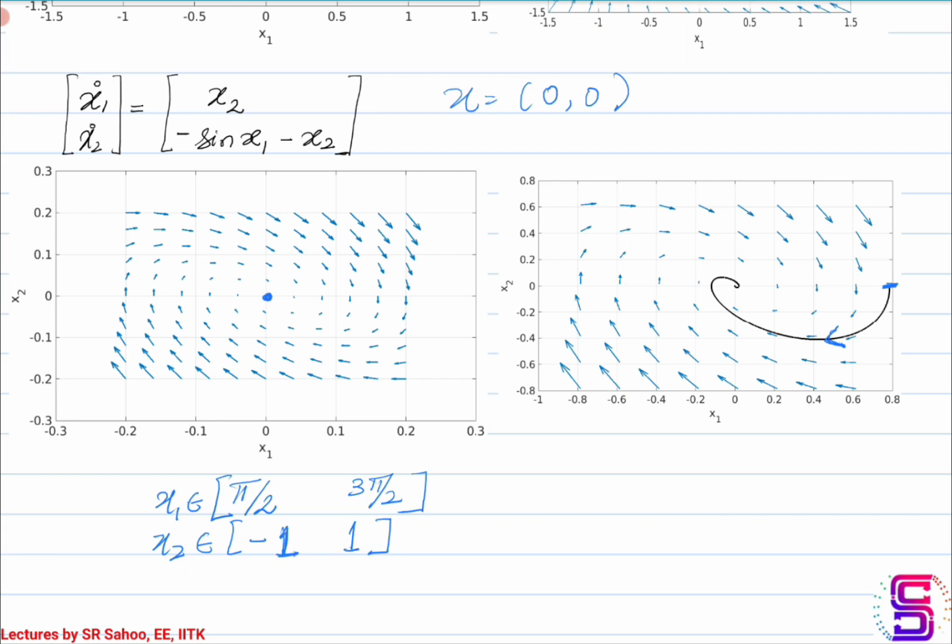Okay, in this range, try to see what the vector fields will look like and how the solutions will look like.